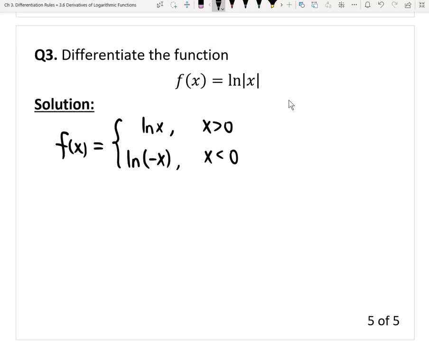Does this make sense? Now we just break it down. We do not have absolute value, so for each function, we know how to take a derivative. Now we take a derivative piece by piece, one by one.